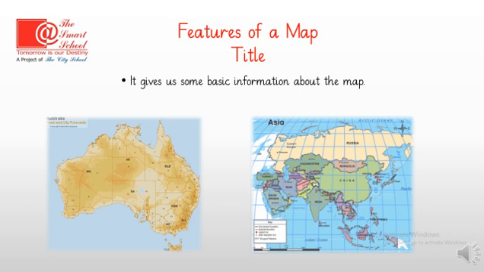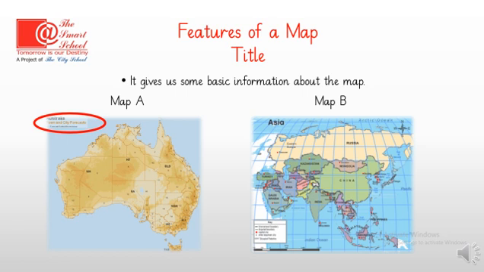What is a title, or what does a title tell us? It gives us some basic information about the map. Just like we had seen in the previous two maps. These are given here, Map A and Map B. Map A, what is the title of Map A? The title is Australia, Town and City Forecasts.